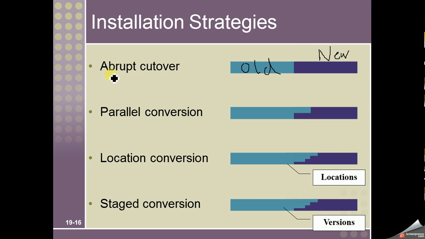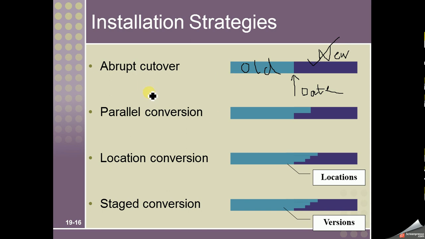Now, how does abrupt cutover work? This is the date, okay? Till a particular date, we keep using the old system, and from the next day, we suddenly switch to the new system.